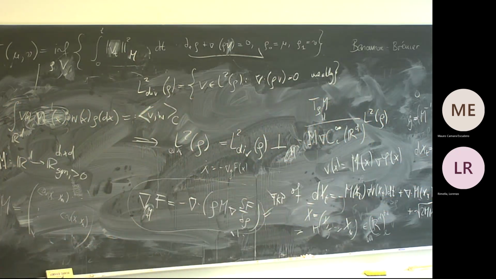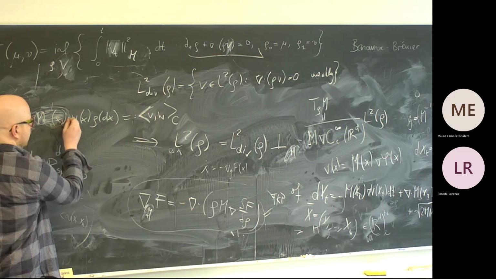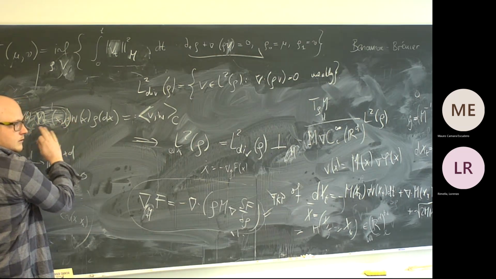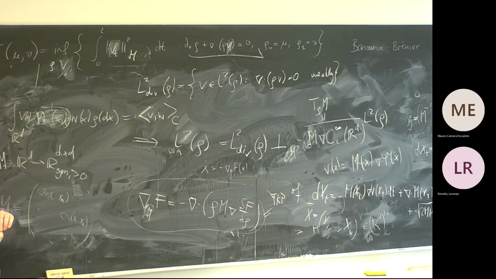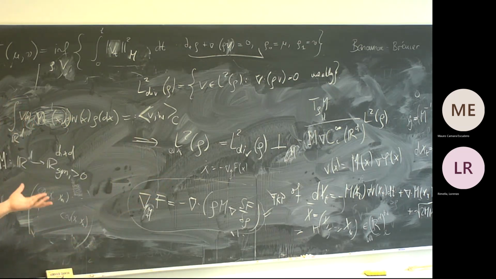And the other thing is that here I said that M is allowed to depend on the point X, but in fact nothing at all has to be changed if we also allow dependence on the measure rho. We think of the space of probability distributions as a manifold, and we should define an inner product at a certain point, which is a distribution.